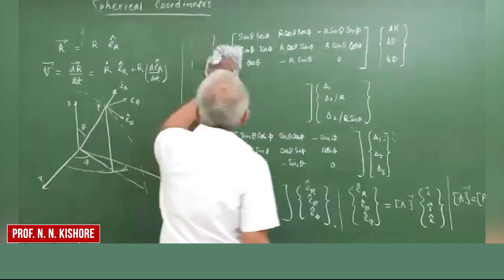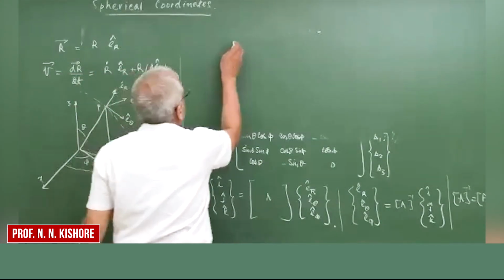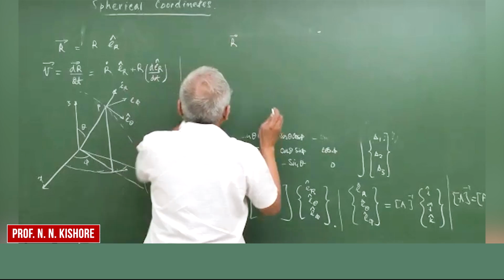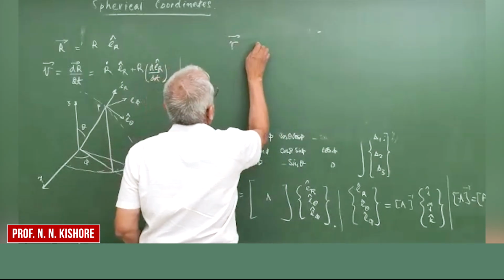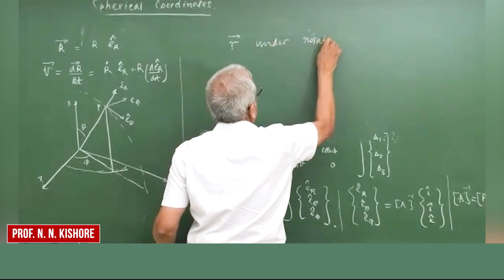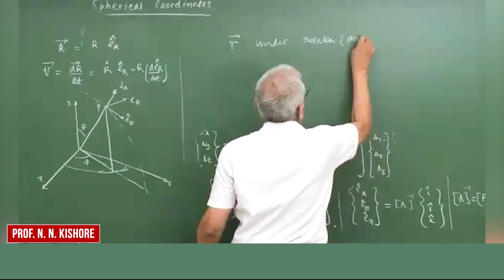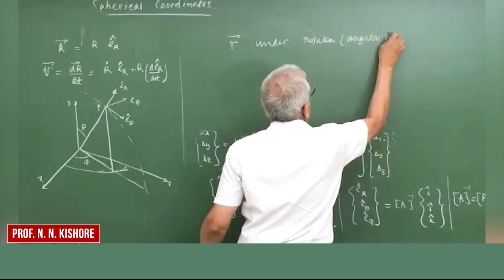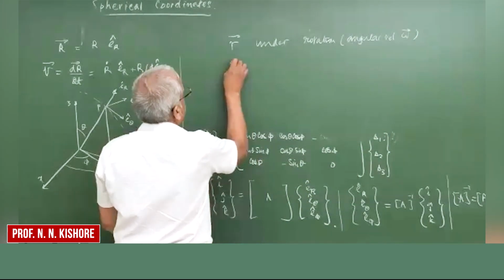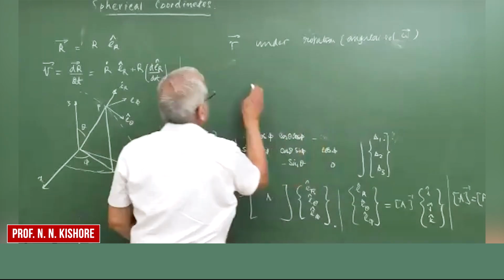So for any vector, even a vector r, we have shown that under a small rotation, or we say angular velocity, I'll put it as omega cross, and correspondingly the theta, I think I'll leave that enough.